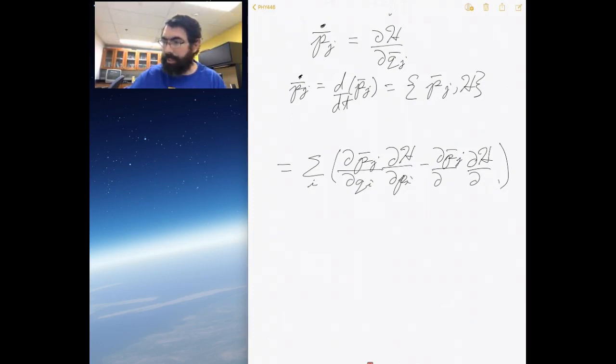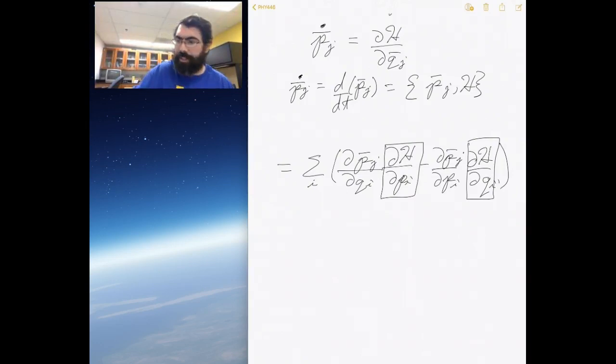So this one is the momentum, and this is the position. Okay, now that I got that straightened out, I want to substitute out these derivatives of the Hamiltonian with respect to momentum and position in the original frame of reference, to get them in terms of derivatives in the barred or transformed frame of reference. You have to go back and look at the previous video for that.